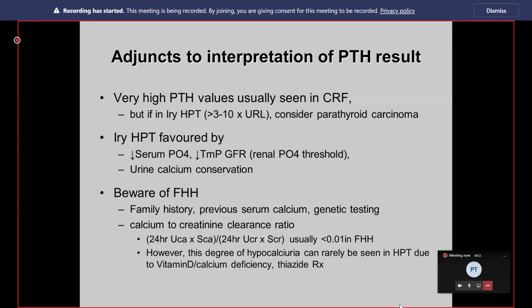And in familial hypocalciuric hypercalcemia, calcium creatinine clearance ratio is less than 0.01. In primary hyperparathyroidism, it's almost always greater than 0.01. Very rarely it can be less, especially if the patient's on a thiazide diuretic or very vitamin D deficient.